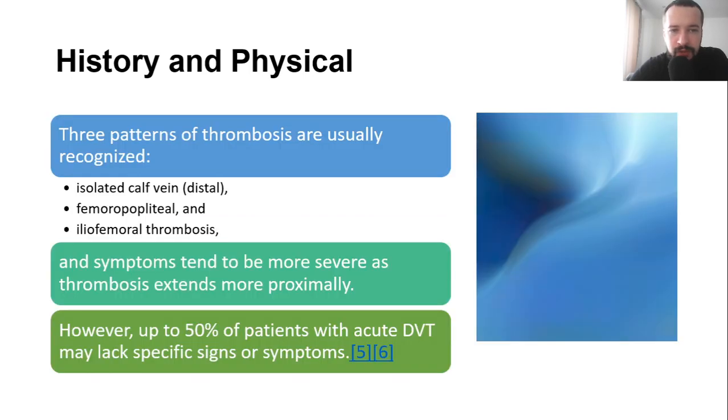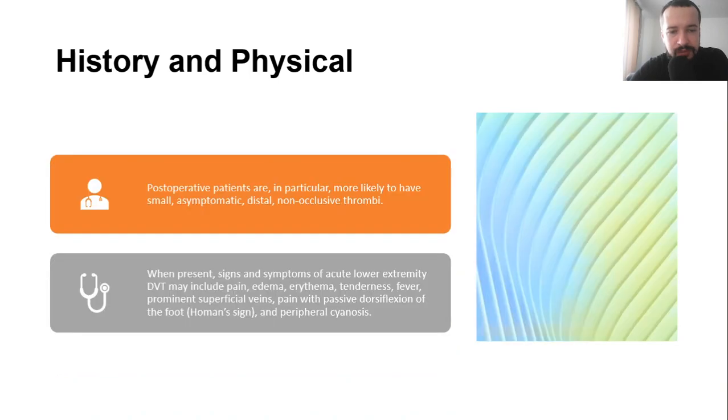Three patterns of thrombosis are usually recognized: isolated calf vein, femoropopliteal, and iliofemoral thrombosis, and symptoms tend to be more severe as thrombosis extends more proximally. However, up to 50% of patients with acute DVT may lack specific signs or symptoms. Postoperative patients are in particular more likely to have small, asymptomatic, distal, non-occlusive thrombi.